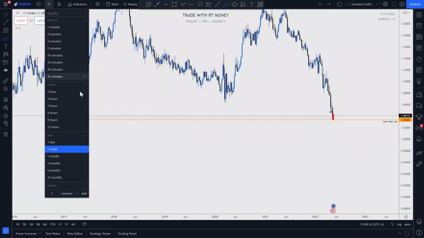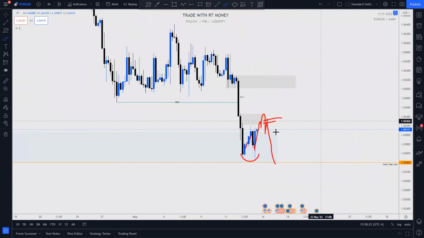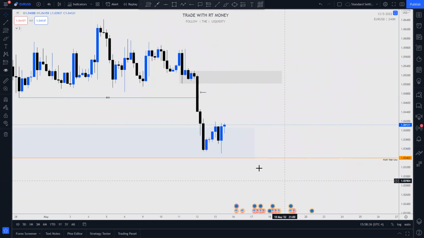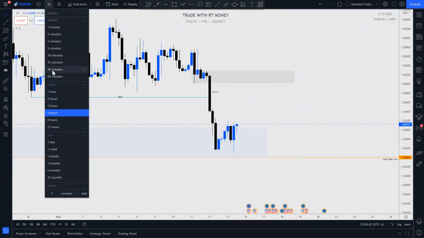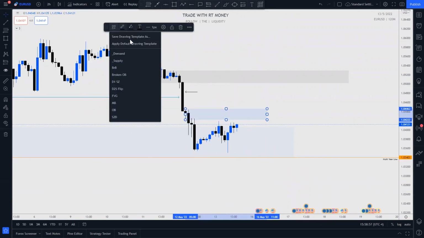Maybe we get that pullback on the 4-hour, and all this extra writing here, all of this stuff here, clean that up. So that's what I'm looking for. Oh man, I didn't mean to take away the zone that I had there. I'll redraw it just so that you can get a screenshot of it, because it's a possible spot that price may want to interact with.